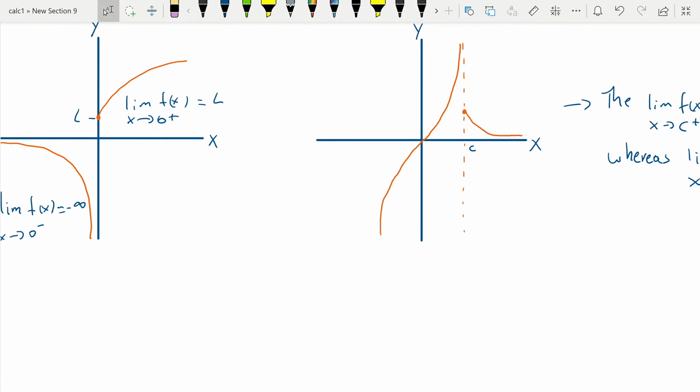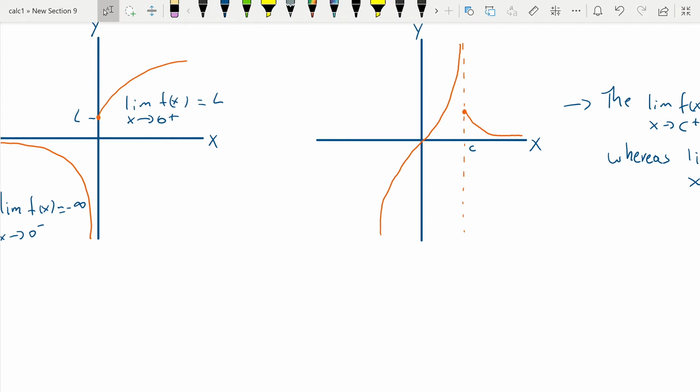So you can think of all the combinations, and they're all sufficient to classify this kind of discontinuity as an infinite discontinuity. That's because if it happens that on either side of the point c, f is either increasing without bound or going to minus infinity, then that's an infinite discontinuity.